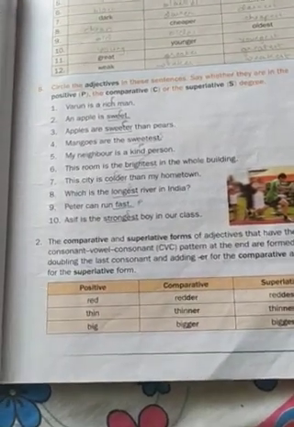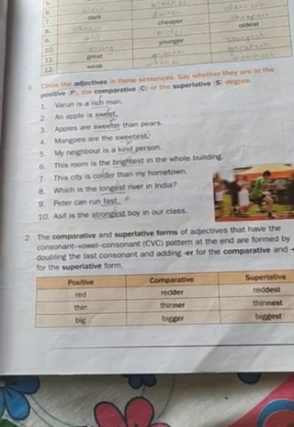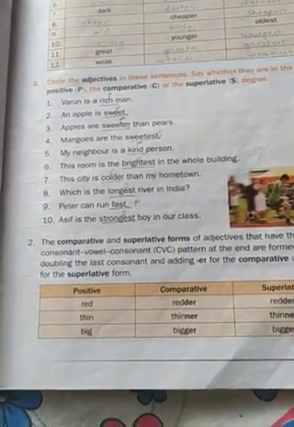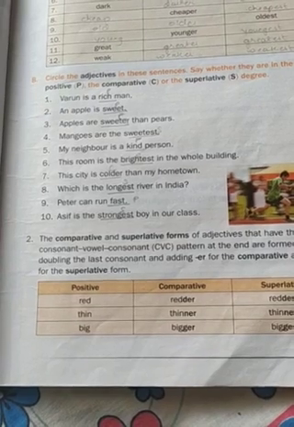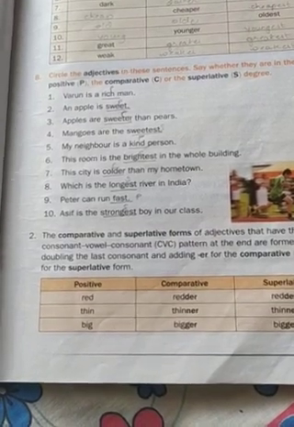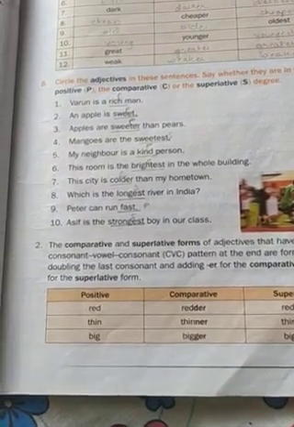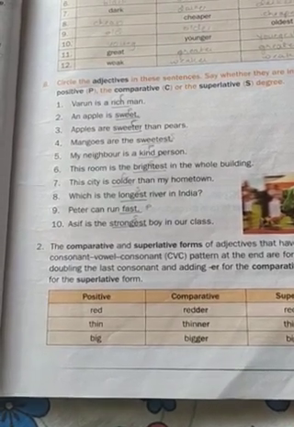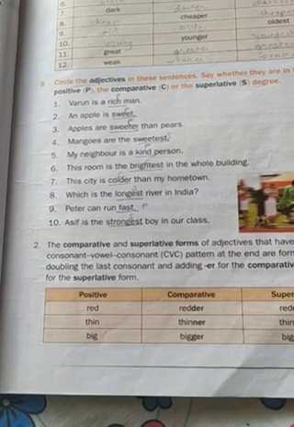It means if that particular word is in the CVC pattern. For example, the first word is red. R-E-D, red. Now R is a consonant, E is a vowel, and D again is a consonant. So R-E-D, red, is a CVC pattern.